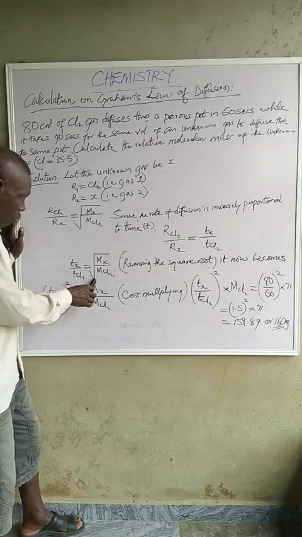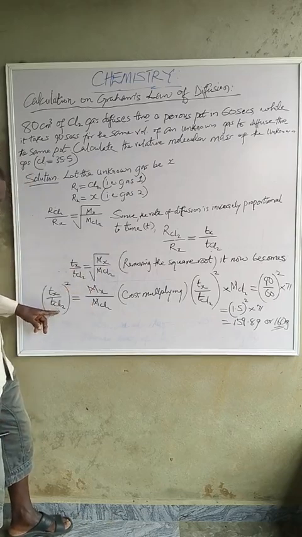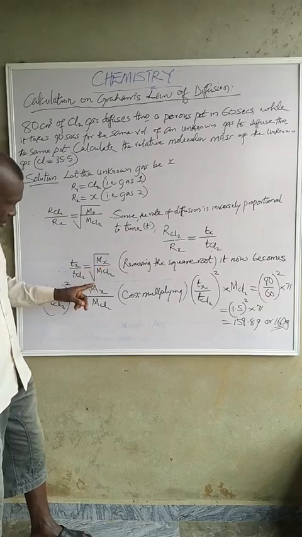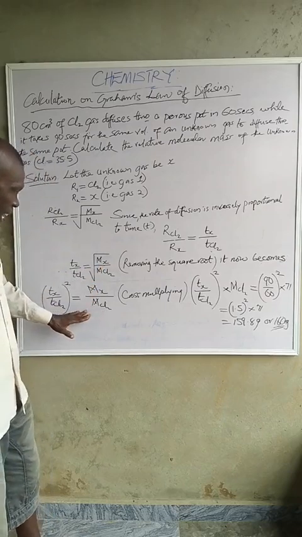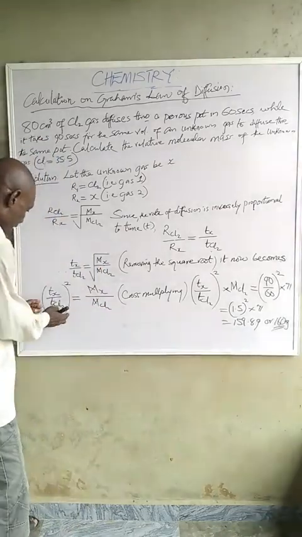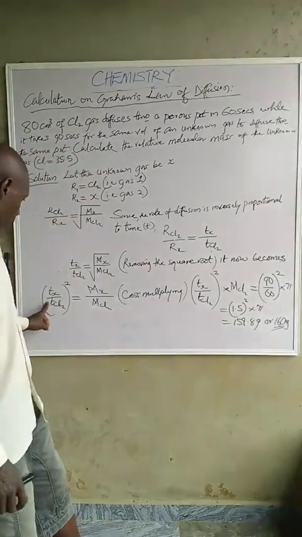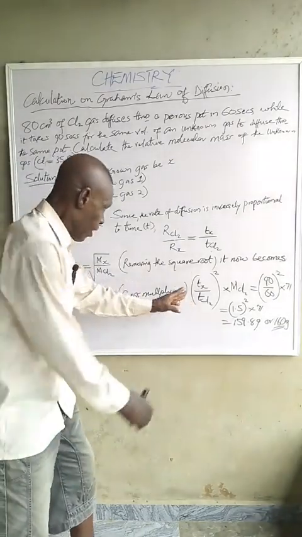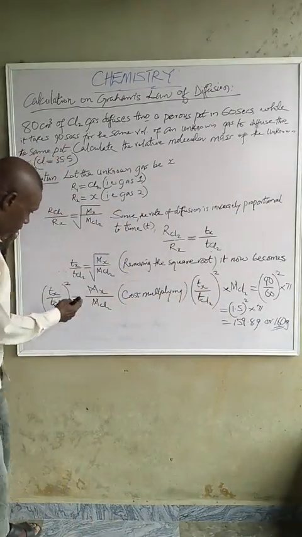So if you remove this square root, now it becomes (T_x over T_Cl2) all squared equal to M_x over M_Cl2. Now at this place, we want to cross multiply. But this is a whole entity, which is here now. See, T_x over T_Cl2, square it all together, times M_Cl2.